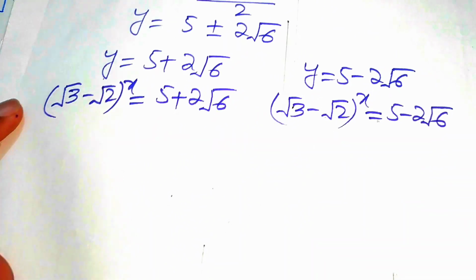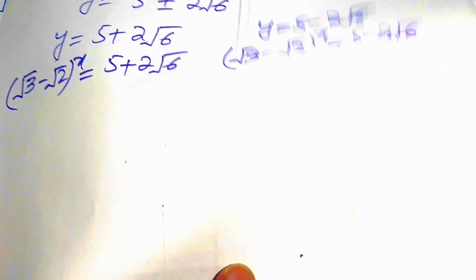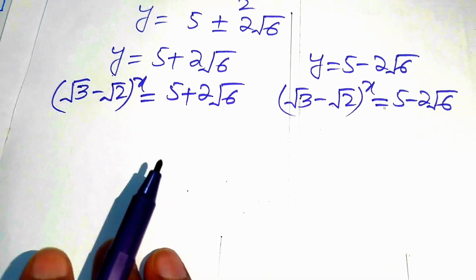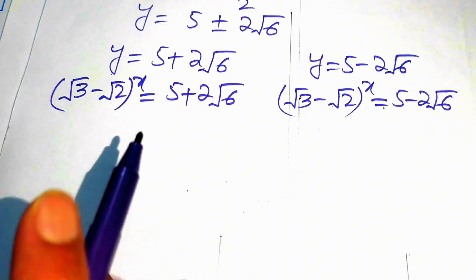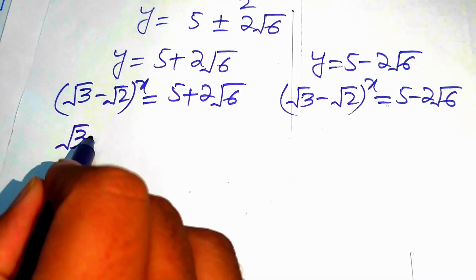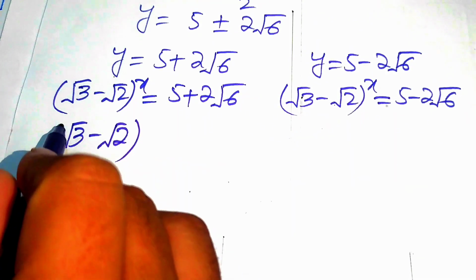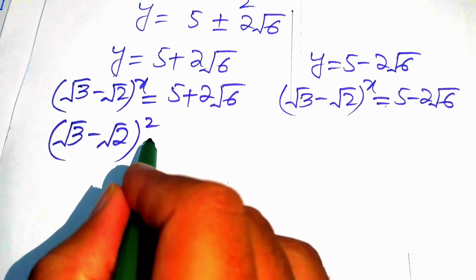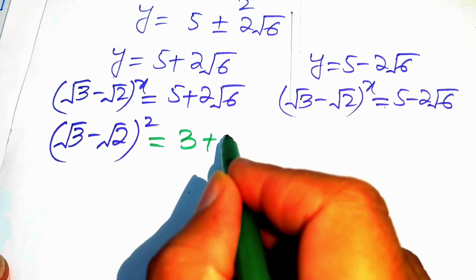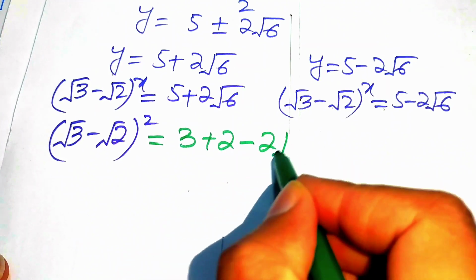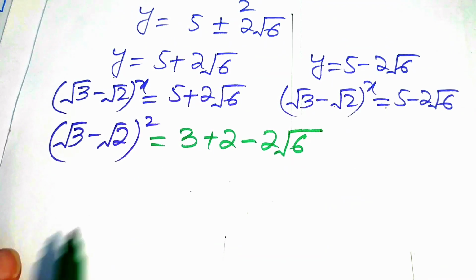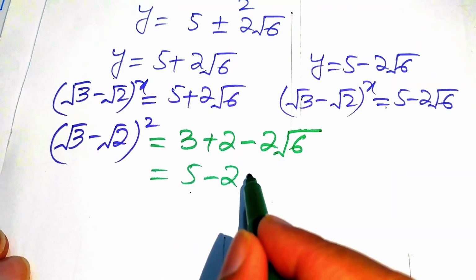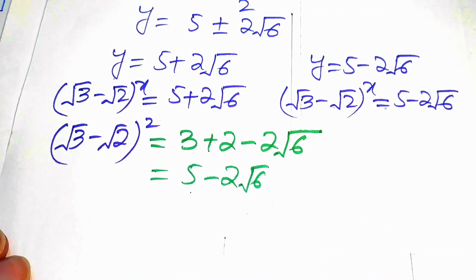So here you remember one thing: if we take the square of square root of 3 minus square root of 2, and its whole square, then it equals 3 plus 2 minus 2 times square root of 6. So it means that the square of this term equals 5 minus 2 times square root of 6.